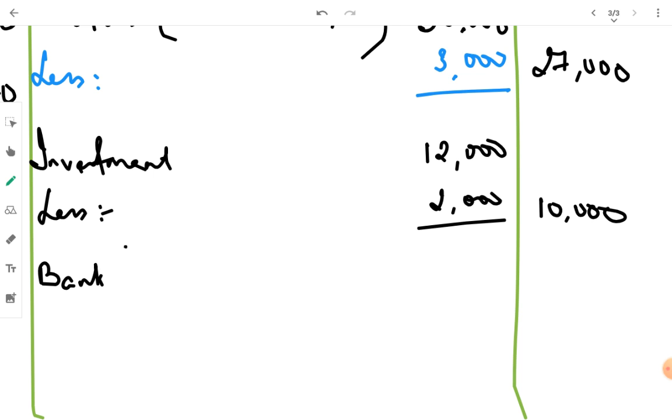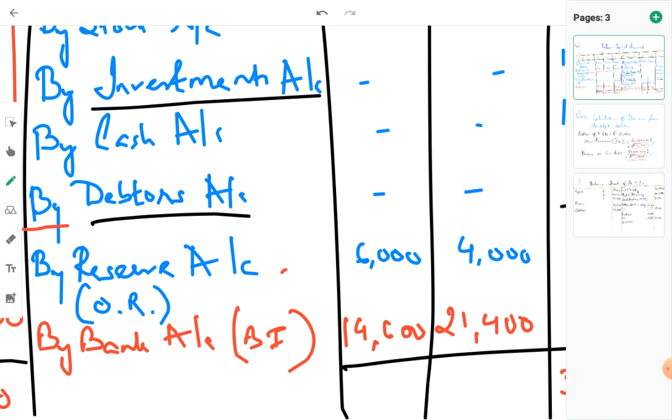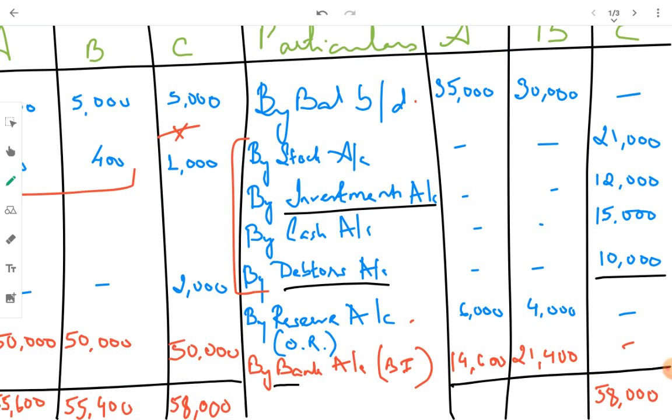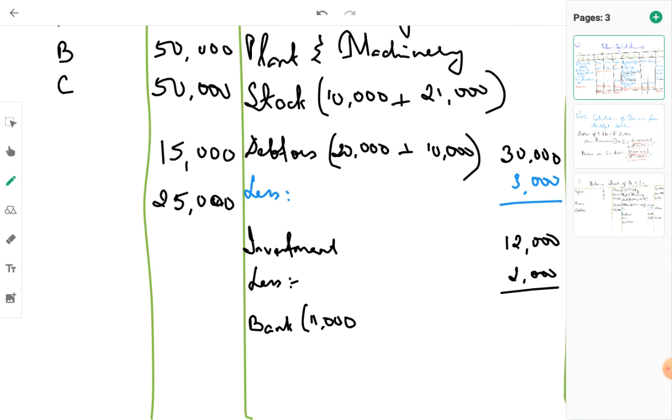originally you had the opening balance rupees 11,000. Okay, you had the original balance of 11,000, and then when you were preparing your working note for capital account, you had given the bank account as the balancing figure, 14,600 and 21,400, which is the amount brought in by your partners.